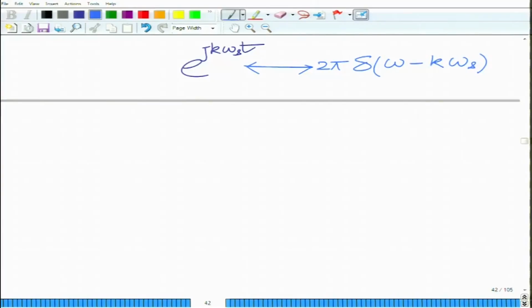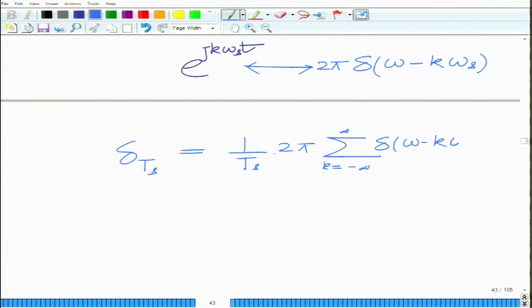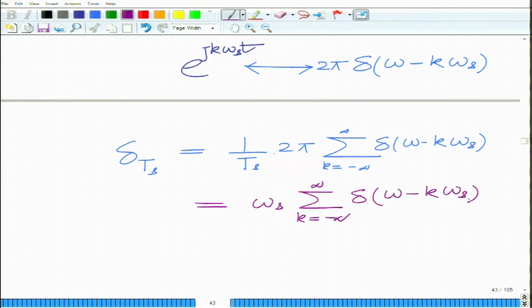Therefore, the Fourier transform of the impulse train will simply be 1 over Ts into 2 pi summation k equals minus infinity to infinity delta omega minus k omega s, which is equal to, since 2 pi over Ts is omega s, omega s summation k equal to minus infinity to infinity delta omega minus k omega s.